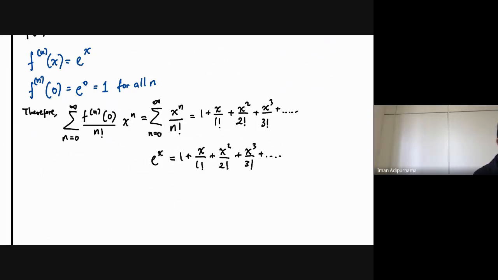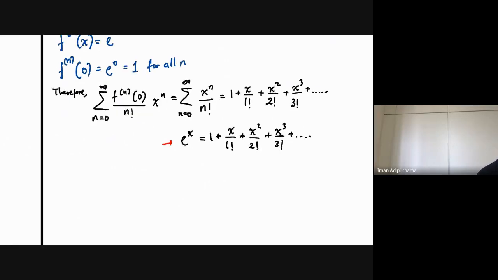I think I have given you this form last semester, but just to overview what e to the x is. And then remember, to find the radius of convergence, you need to find the ratio. So we need to use the ratio test.